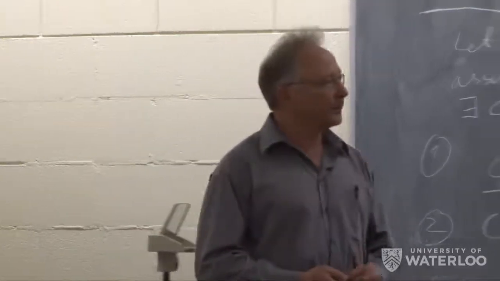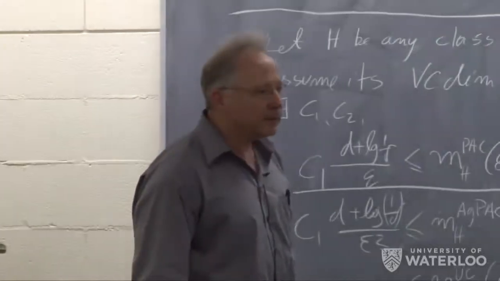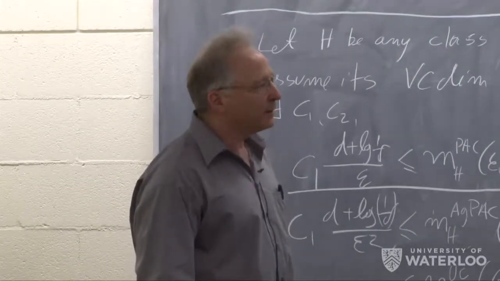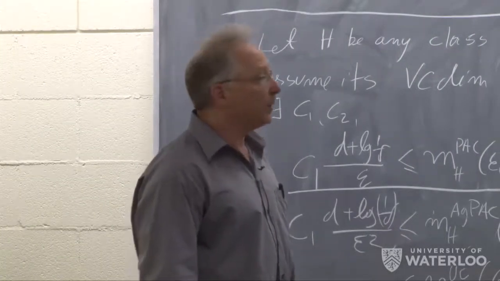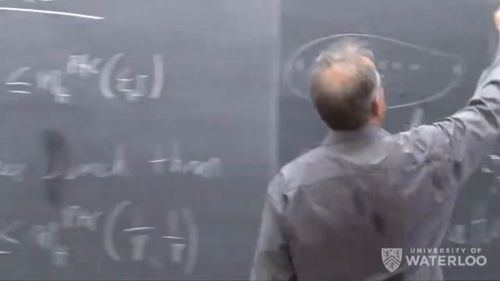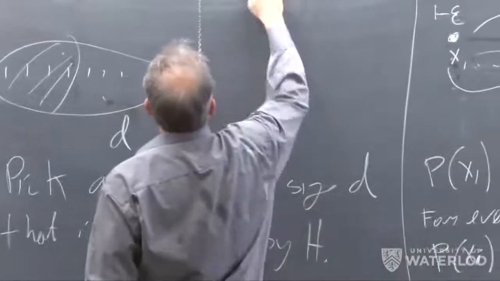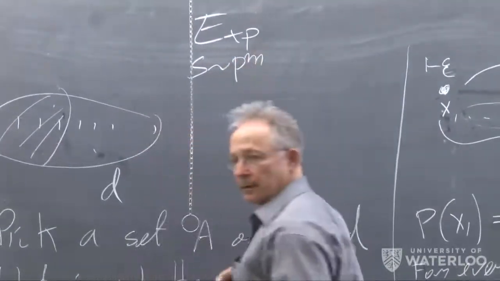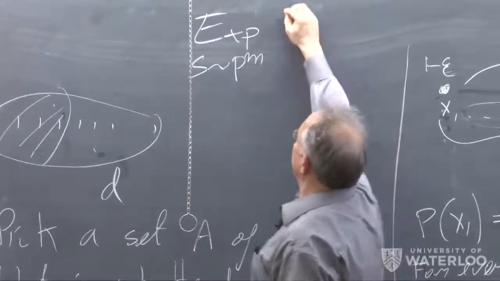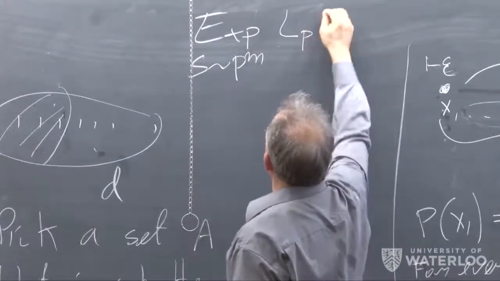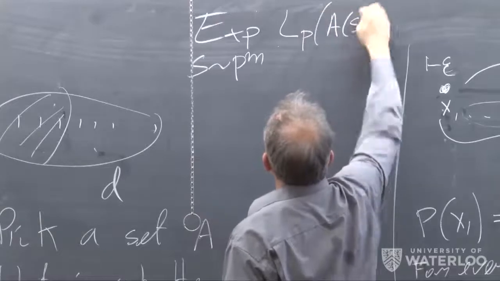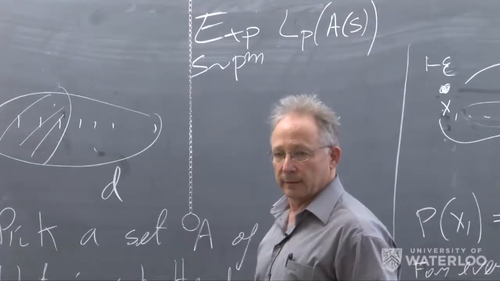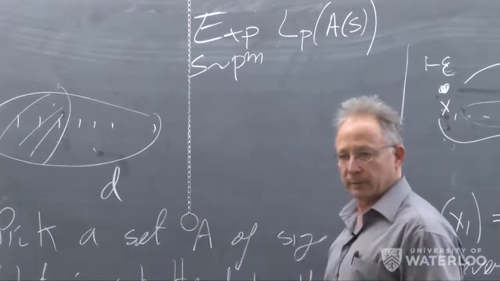Yes? What is the epsilon in this proof? Because this is not the same epsilon. No, it's the same. I'm looking here at the expectation over S coming from P to the M of LP, the error of A of S. The expected error.